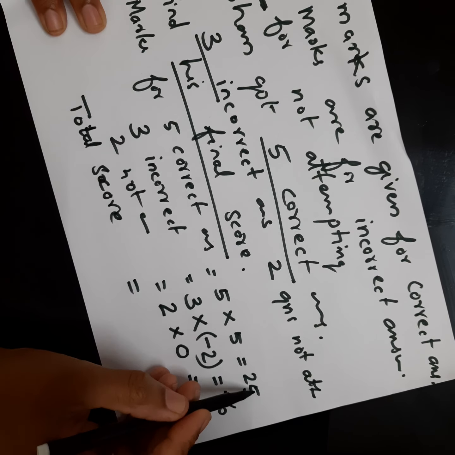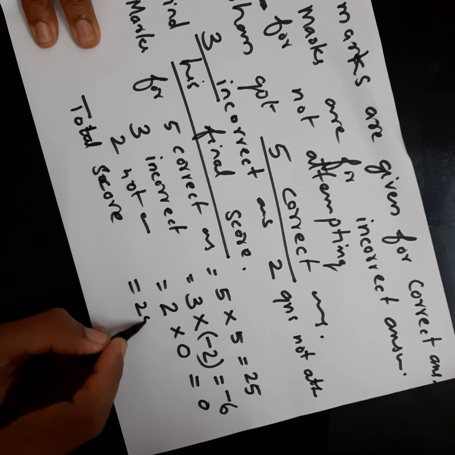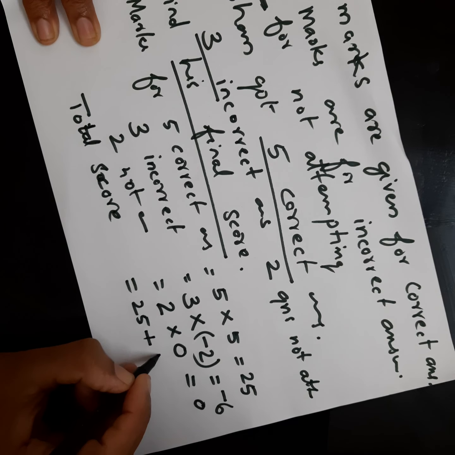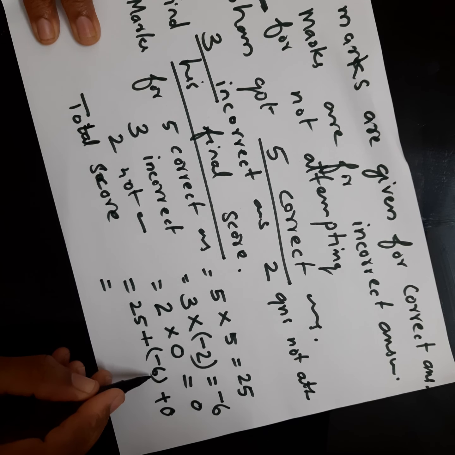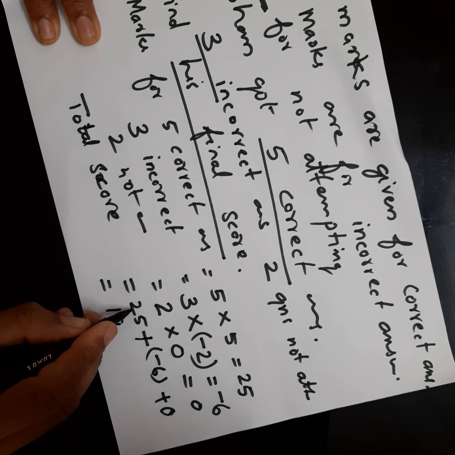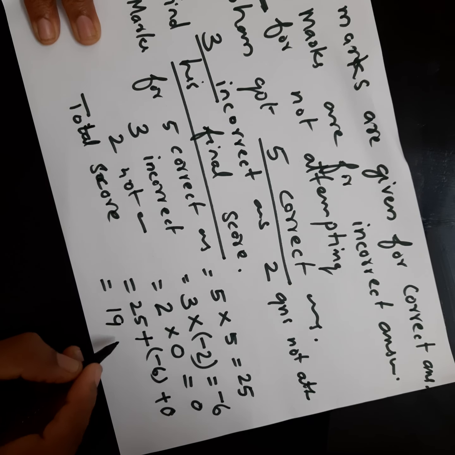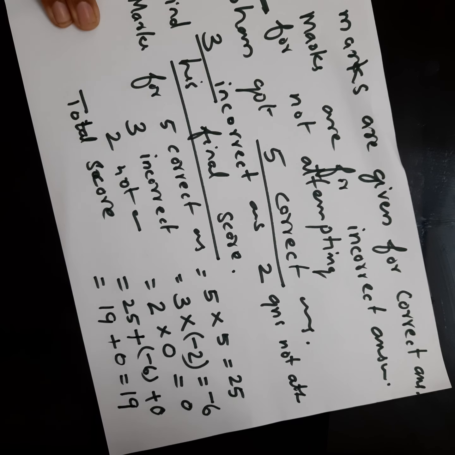Total score means the marks for correct answers, incorrect answers and not attempted questions, so we have to add all these. 25 plus minus 6 plus 0. 25 plus minus 6: one is negative, so when positive and negative come, subtract the numbers. 25 minus 6 is 19, and we take the sign of the bigger number, which is plus. 19 plus 0 is 19. So his final score will be 19 marks.